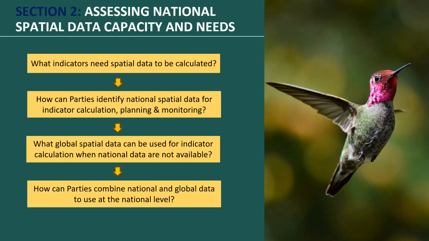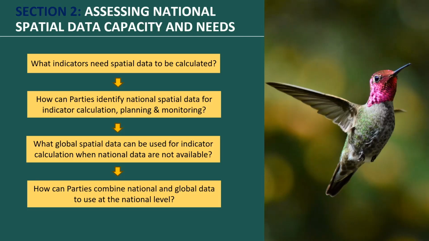So drawing from this bigger picture, in section 2 of the guidance, we address 4 key questions to support countries to identify where and how spatial data can be used as part of the national monitoring system for the GBF. So first we ask, what indicators need spatial data to be calculated? Second, how can parties identify national spatial data for indicator calculation?